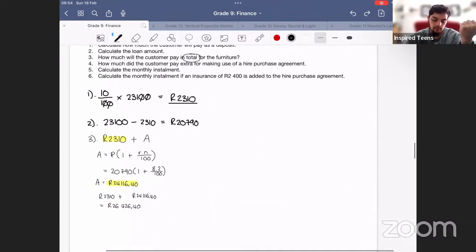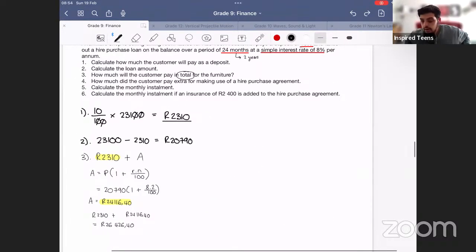Before we leave, I want you guys to tell me in the chat what topic you are currently busy with, just so that I can gauge and get an understanding. Rate, okay, so some of you are still on rate. Exponents, you are already on exponents, which makes sense.